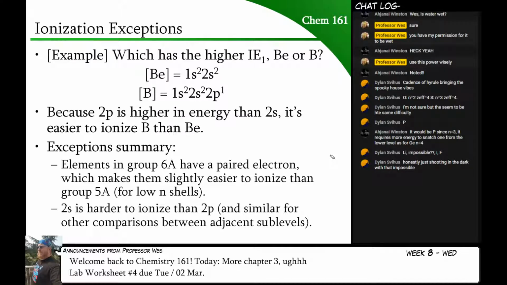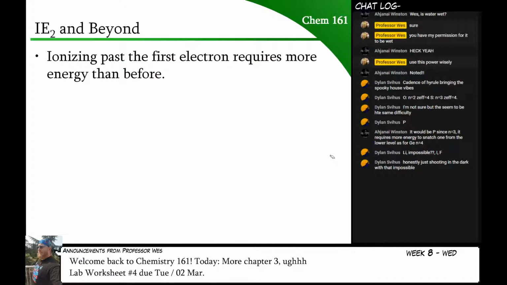When we ionize multiple times, we can observe patterns. Every time you ionize something, so if I were to draw an electron diagram here, here's my nucleus. And I'm just going to put electrons floating around here. So these are all pulled toward the nucleus.